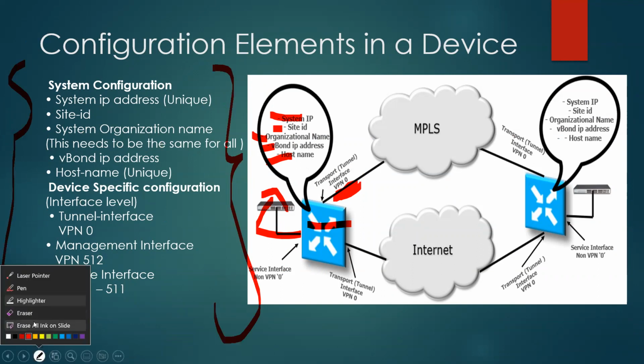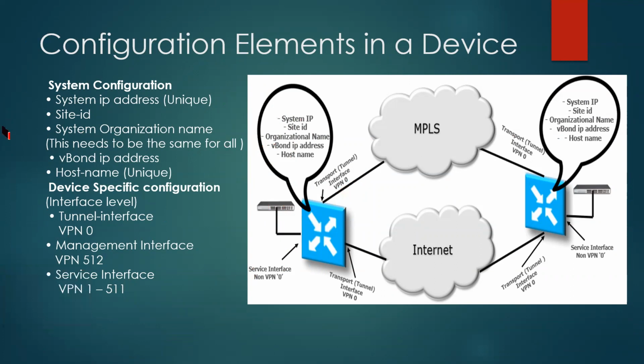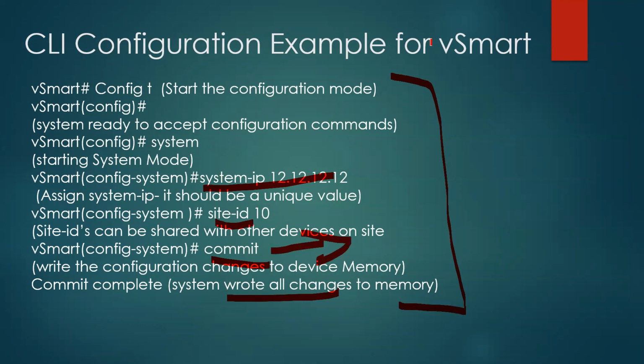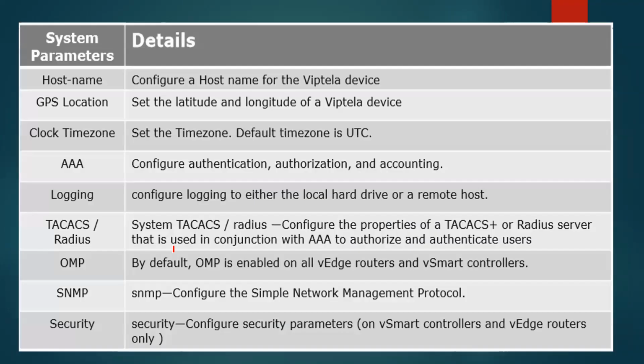So everything is there in the slide. I have made this slide for how to configure the devices. Anyway, I will show you that. I will log in and commit these configurations. Later on, we'll understand what configuration is doing what.